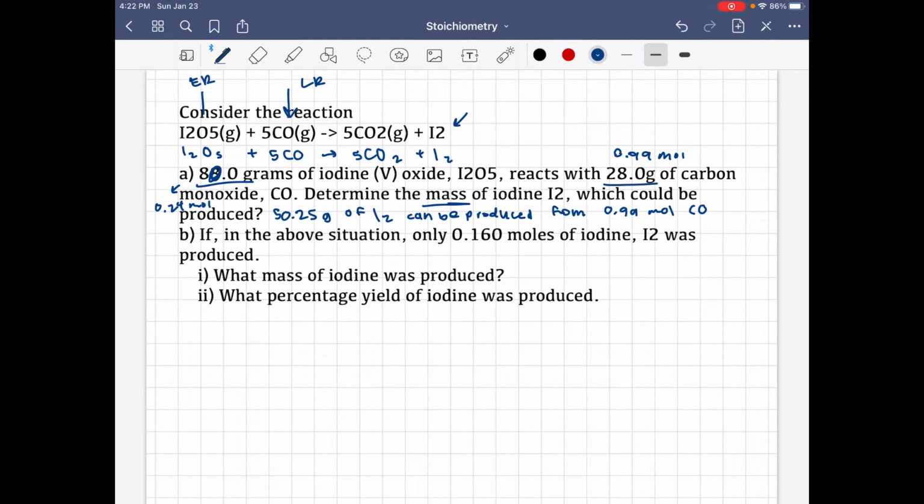If in the above situation only 0.160 moles of iodine, I2, was produced, part 1: what mass of iodine was produced? To find this, what we know is 0.160 moles of I2. We're going to convert it to grams.